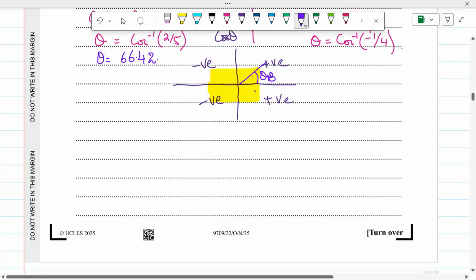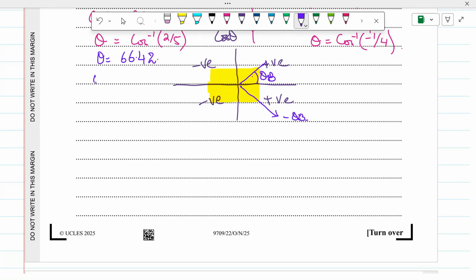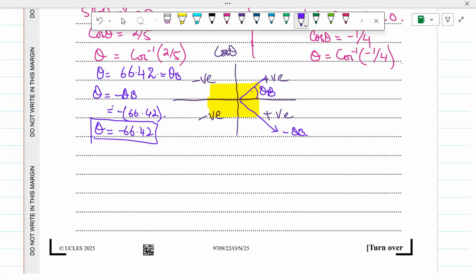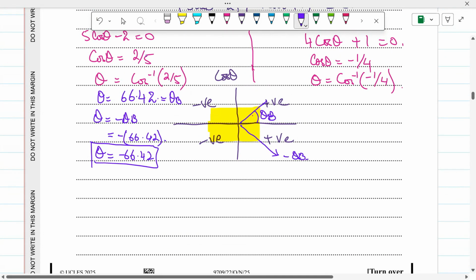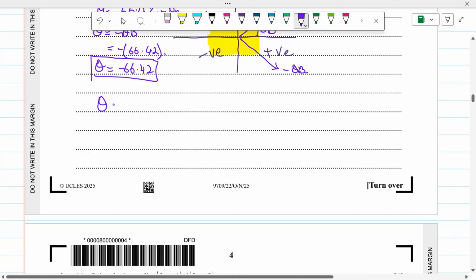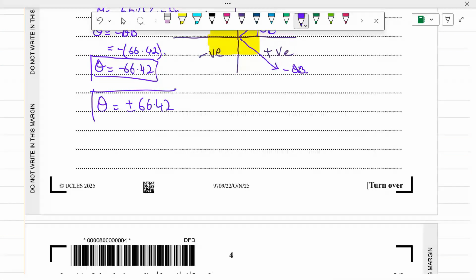The fourth quadrant angle can be found by multiplying negative 1 with the base angle, so the fourth quadrant theta is equal to negative theta base, which is negative 66.42. So we can say that this value 2 over 5 has two angles, theta is equal to plus minus 66.42, one positive and another negative.